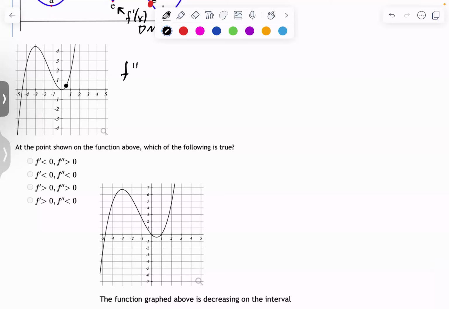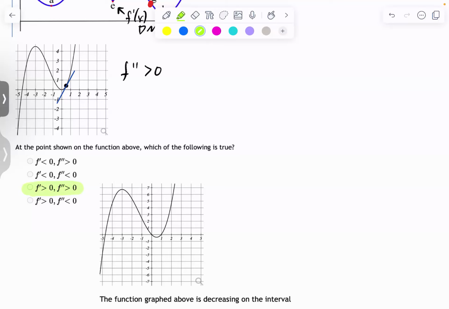So f double prime is positive in this case. Also, I'm going to notice the slope of the tangent line is positive. So the first derivative is positive. The second derivative is also positive. That is going to give us this one here.